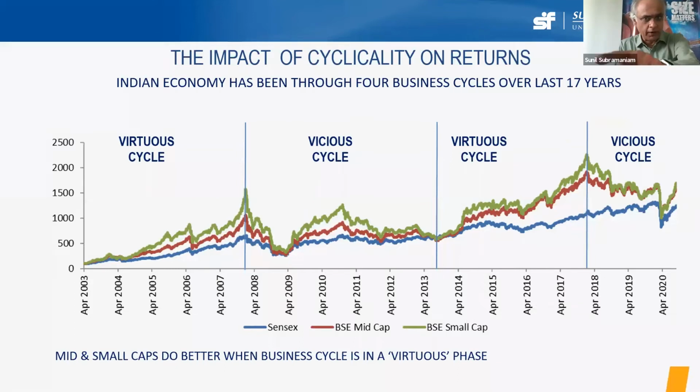Now in this stock market that I have described, you can see there are 3 lines: mid cap, small cap, large cap indices. I'll discuss them in detail in just a bit, but right now you look at it, the trend is in a good cycle, the markets all rise. In a bad cycle, the markets all fall. Markets rise, markets fall. So the stock market cyclicality follows the economic cyclicality.